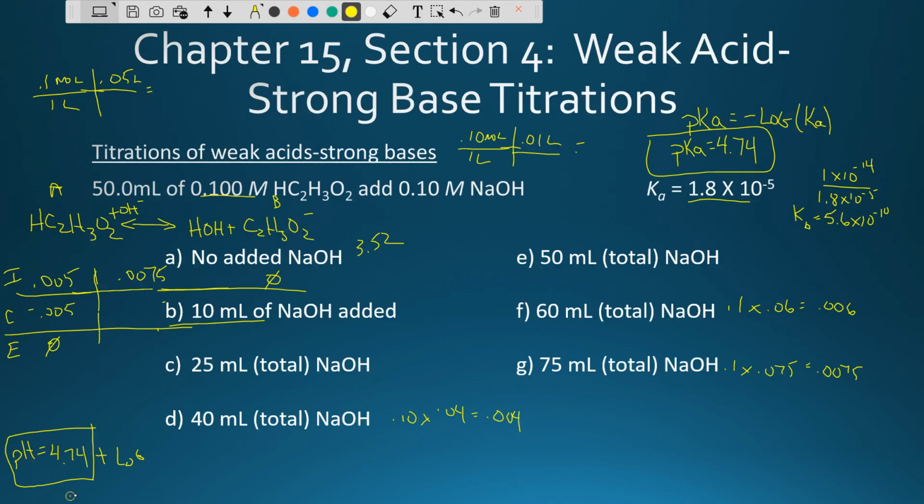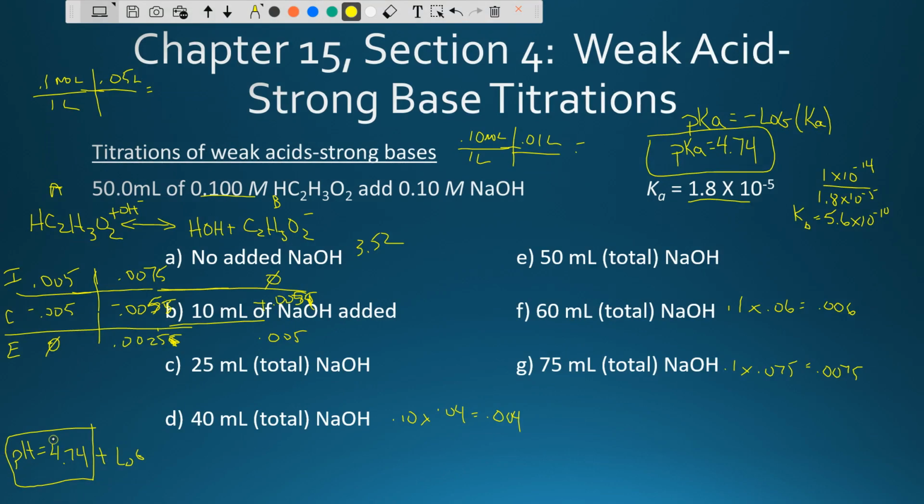And I'm going to use all my acid up to get that 0.0075, and I'm going to add in 0.0075 on this side. Oops, I'm sorry, I subtract off the 0.005, and 0.005 on this side. Okay, so now I end up with 0.0025 left over, and 0.005 on this side.